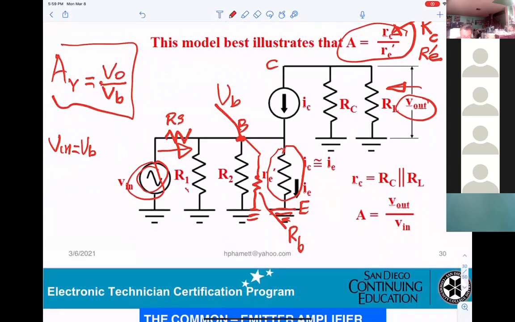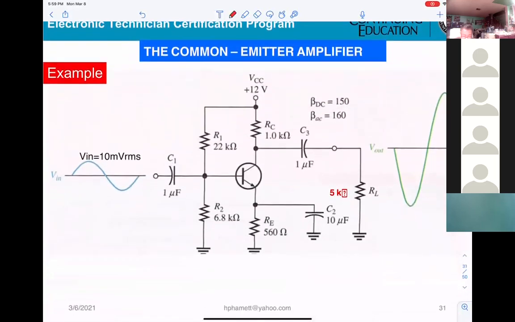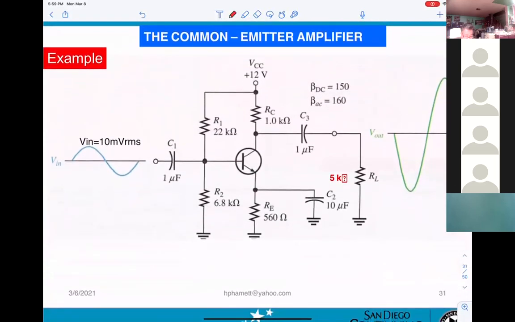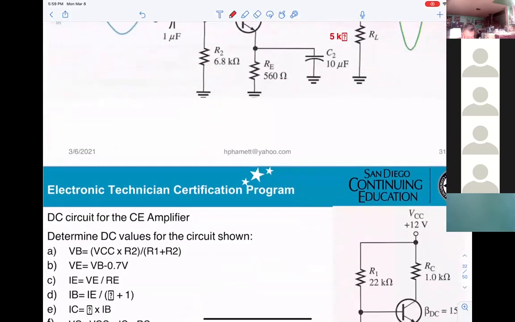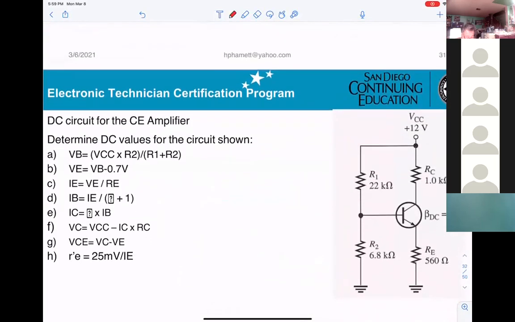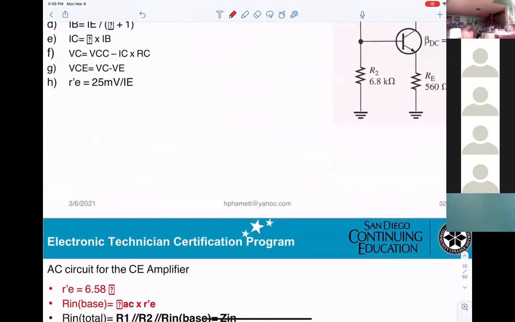Sometimes they're not. Okay, so basically here, you get a sine wave coming in and the output will be inverted. And this one, if they want to calculate for the DC, everything we already went through.